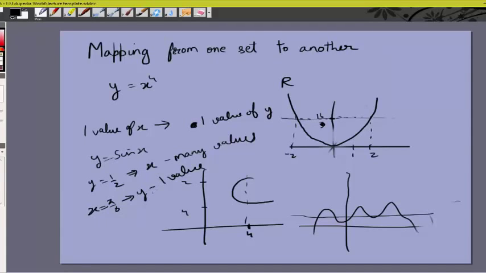If at a particular value of x, we did not know what the value of y is, or there is more than one value of y, then it is not a function, plain and simple. So this is a property of every function. Now the inverse is a property of some functions. We will study that in a moment, that one value of y corresponds to only one value of x, but one value of x corresponding to one value of y is true for every function. If this is not true, it is not a proper function.